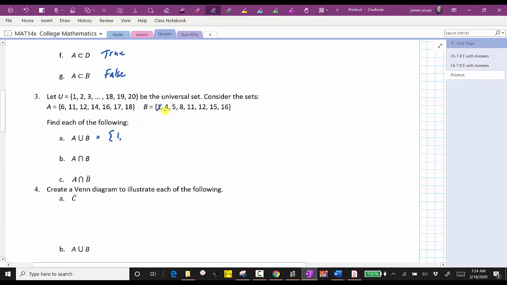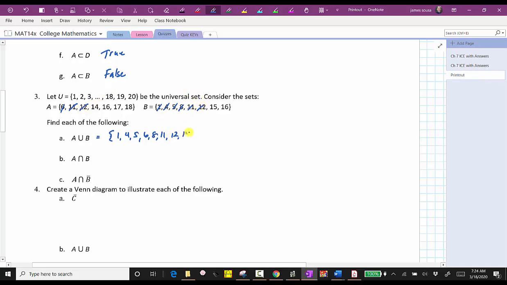Next, 4 and 5 are in set B. 6 is in set B, and therefore it's in the union. So we have 4, 5, 6. Next, we have 8 in set B. Notice 11 is in both A and B, which means it is in the union, so we list the element 11. The same with 12.